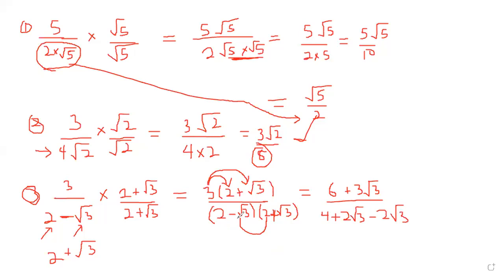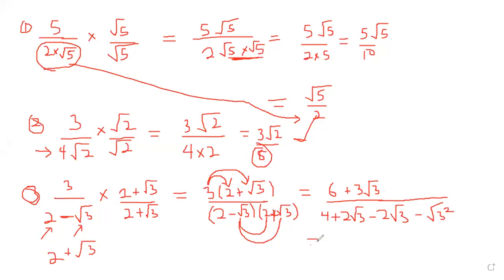The negative root 3 will multiply root 3. That will be minus root 3 squared. That will be root 3 times root 3, which will be 3.